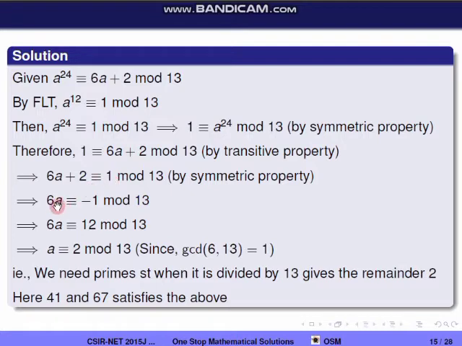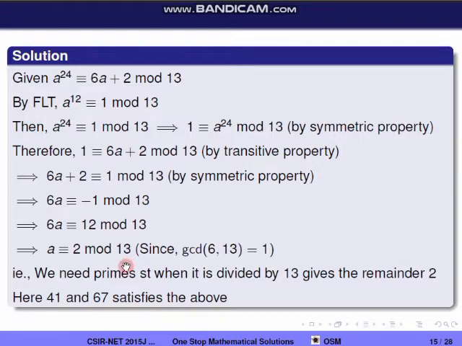So 6a is congruent to minus 1 mod 13. Minus 1 is 12 under mod 13. So 6a is congruent to 12 mod 13. Since GCD of 6 and 13 is equal to 1, by concept 4, we can state that a is congruent to 2 mod 13.